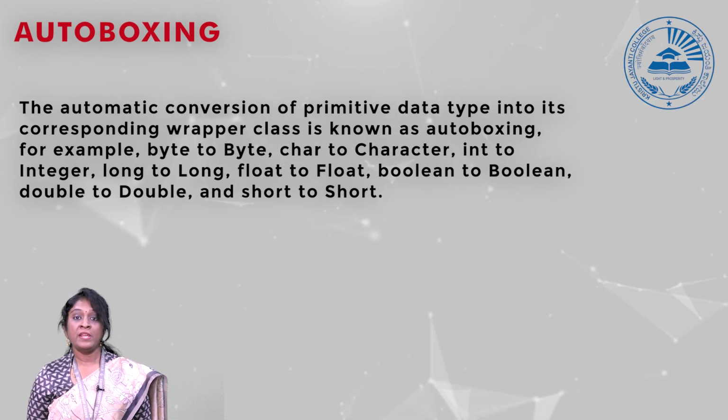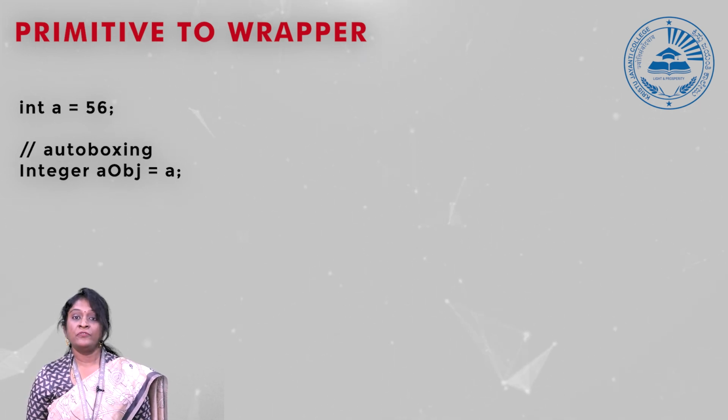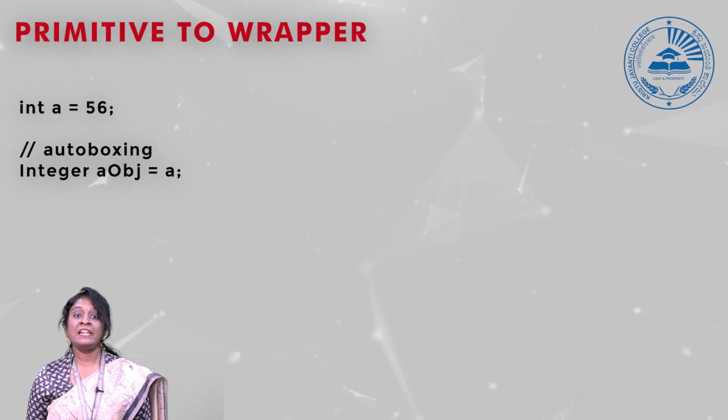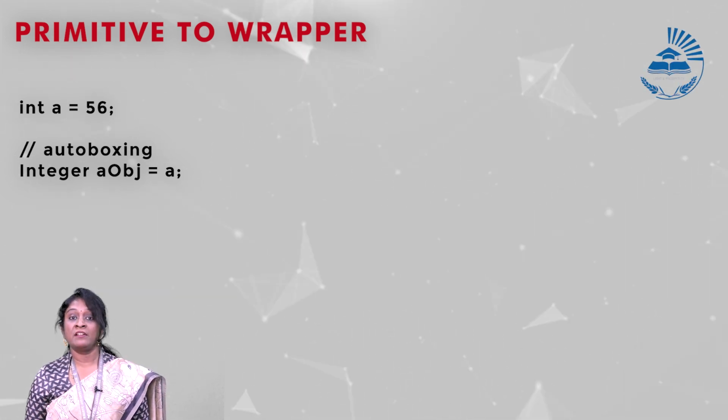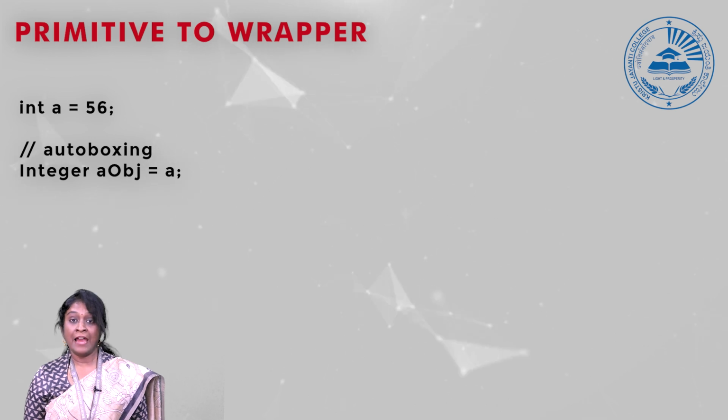Here is an example: int a equals 56. Here int is the primitive data type, and autoboxing will automatically convert the primitive data type to the wrapper data type. Here Integer is the wrapper class and a object is the wrapper object, and it holds the value of a, which is 56.